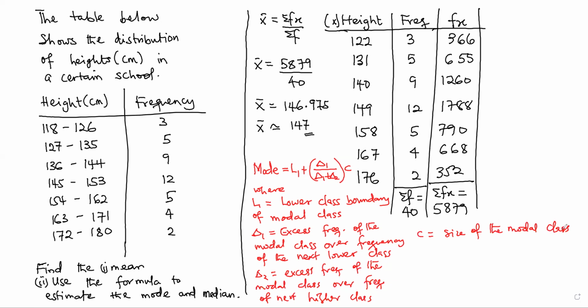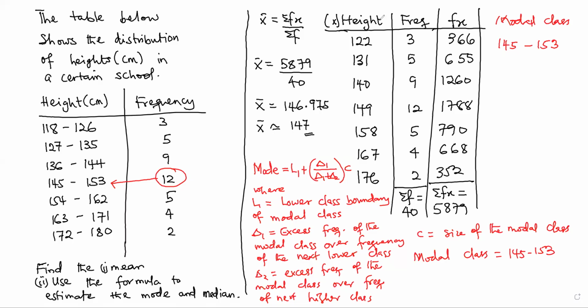If you look at it carefully, the highest frequency here is 12. So our modal class is 145 to 153. That's the modal class.